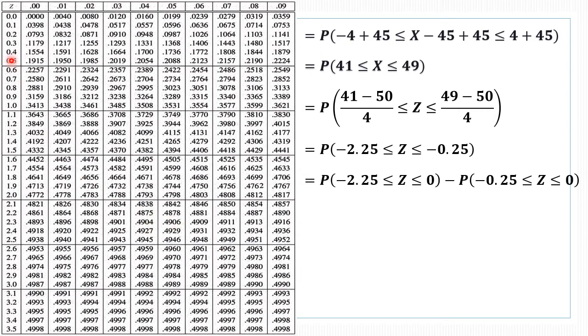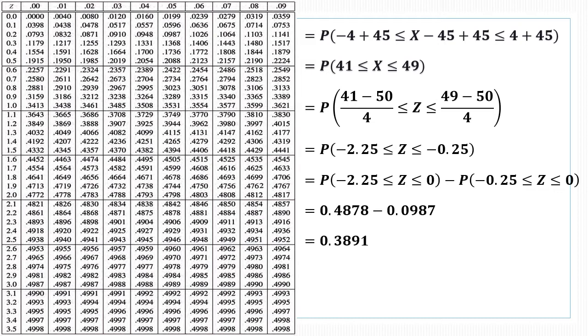And similarly 0.25, so 0.2, 0.0987. So 0.4878 minus 0.0987, and the difference will be your answer 0.3891. So the probability that modulus x minus 45 less than equal to 4 is 0.3891. So this is a kind of a question where you use your original equation.